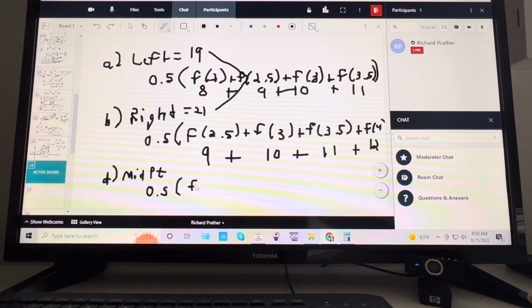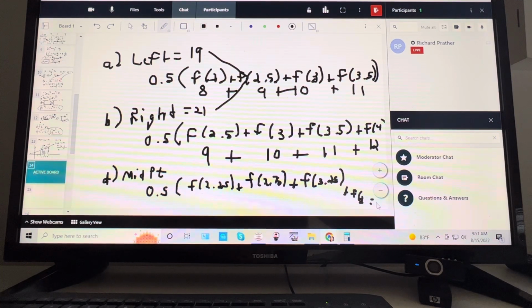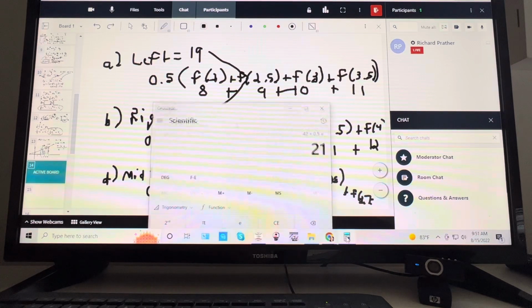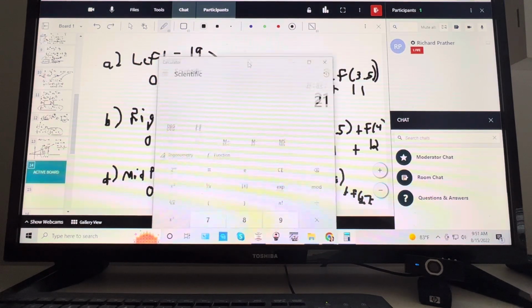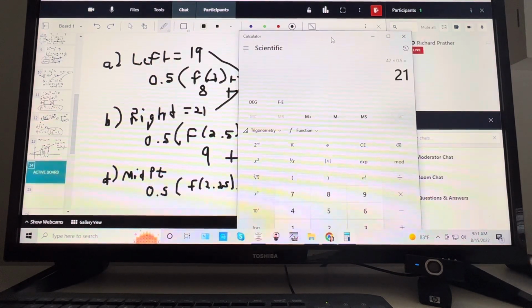But I need to do f of 2.25, f of 2.75, f of 3.25, and f of 3.75. Oops, went off the screen there. Okay, so I know what it is. So it's 2 times whatever x you've got plus 4.